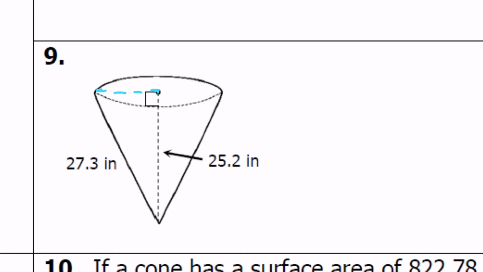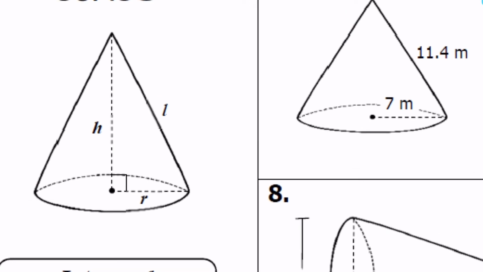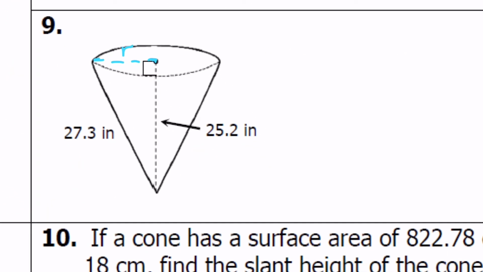But I can find that because if you notice up here, if you trace along that height and that radius, and then you join those together along the slant, that makes a right triangle, right? Same thing here.